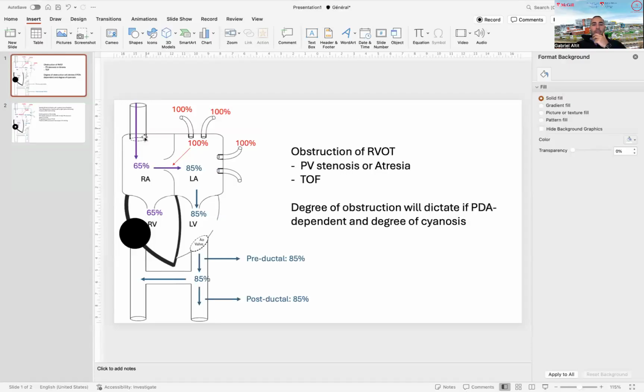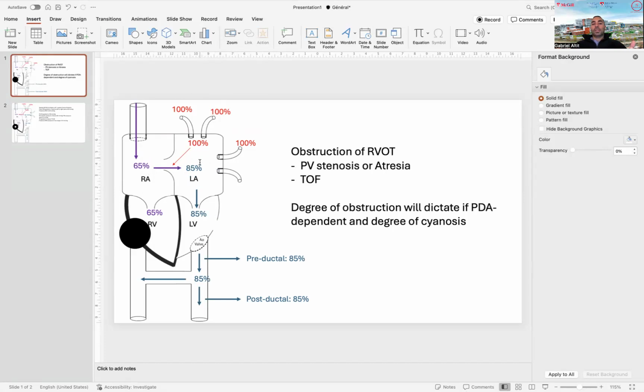Here, this is the concept of RV outflow tract obstruction. If we take babies with severe pulmonary valvular stenosis or pulmonary atresia, and they don't have lung disease, because you don't have VQ mismatch in your lungs, all the blood flow going to the lungs will typically be well oxygenated, comes back through the pulmonary veins at 100% saturation, and eventually mixes into the left atrium with blue blood coming from the right atrium.